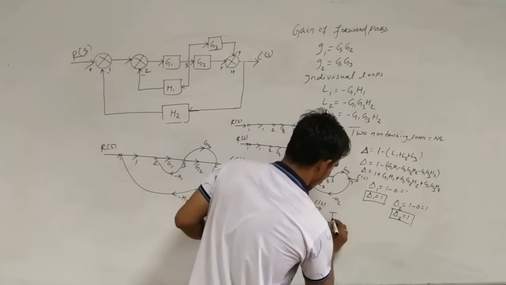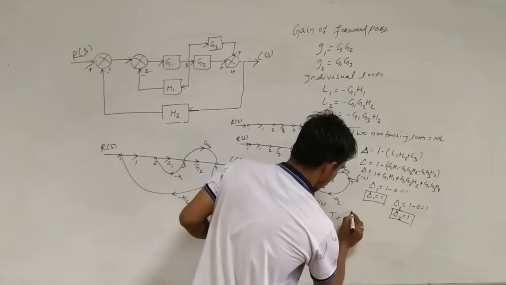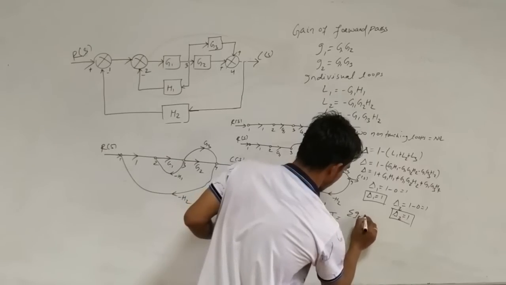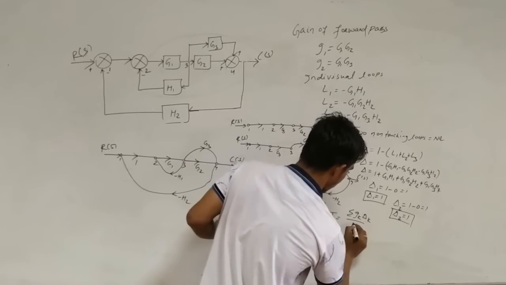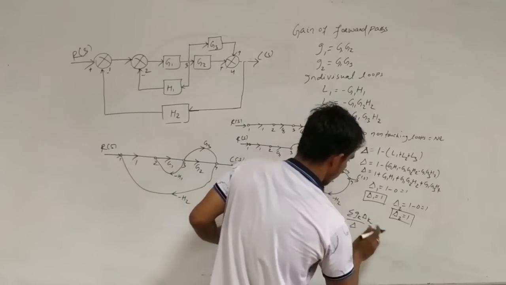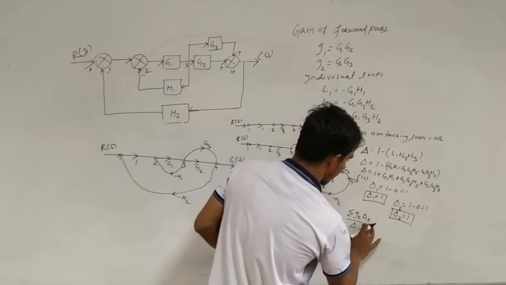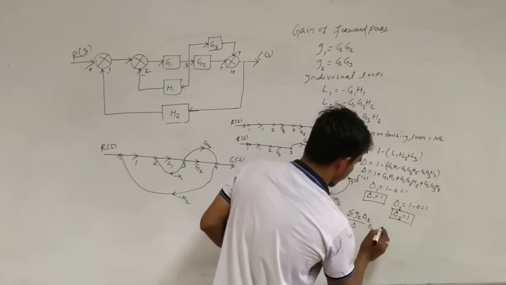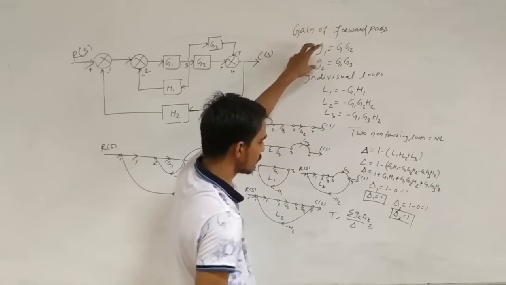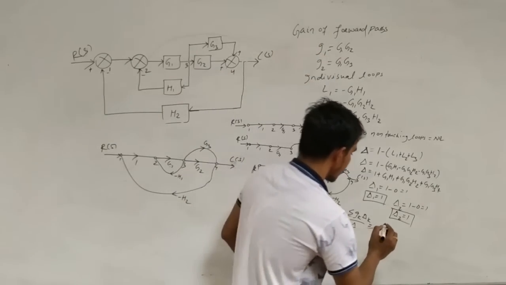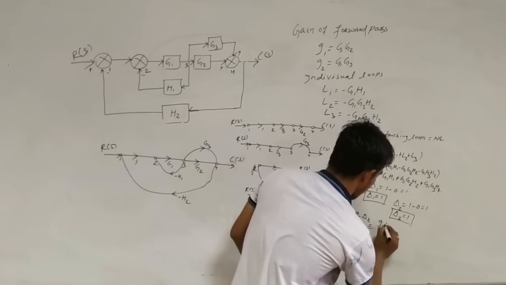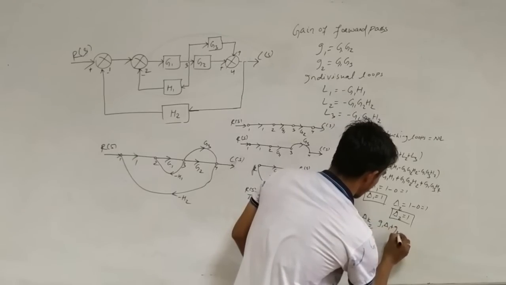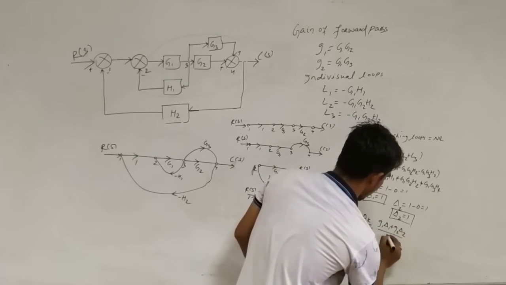Okay. Now we have to find the transfer function, that is C by R. So T equal to the summation of Gk delta k divided by delta. Here there are two forward paths. So G1 delta 1 plus G2 delta 2, divided by delta.